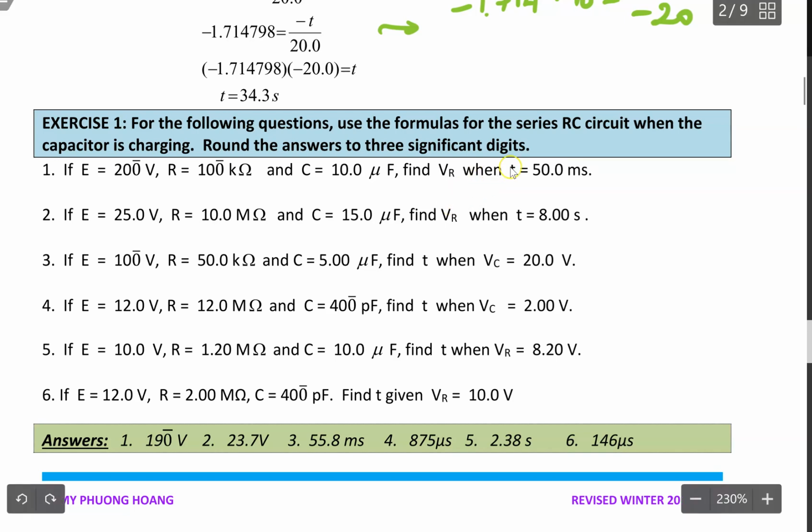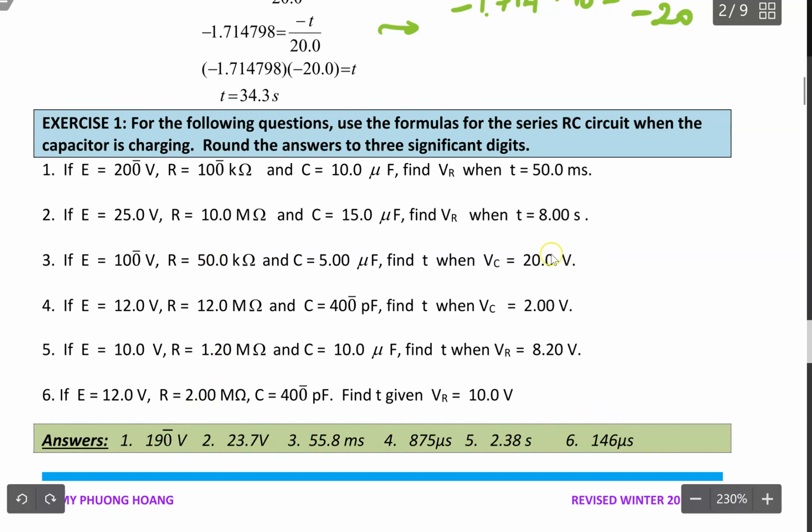If you work with a Casio FX991MS, you know how to turn your engineering notation on. And all you do is key in the kilo and the micro using engineering notation, so that you can get the answer in engineering notation as well. Okay, and don't forget to round to 3 significant digits. And I do have the answer here for everyone to work with.